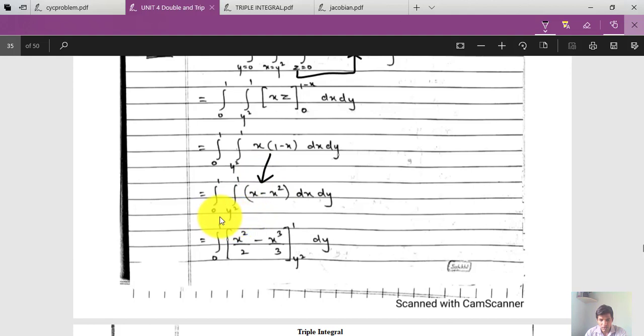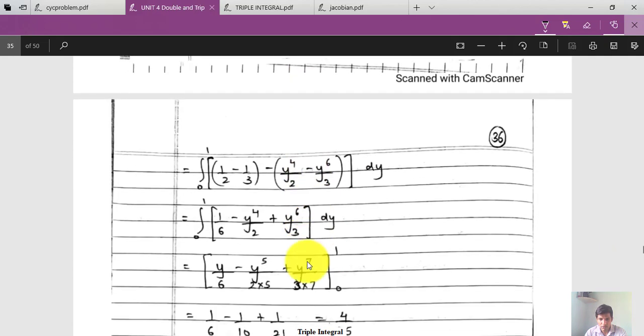Now x is a function in terms of y, so the limit is y square to 1. Integration of x is x square by 2, minus integration of x square, which is x cube by 3, over the limit y square to 1.